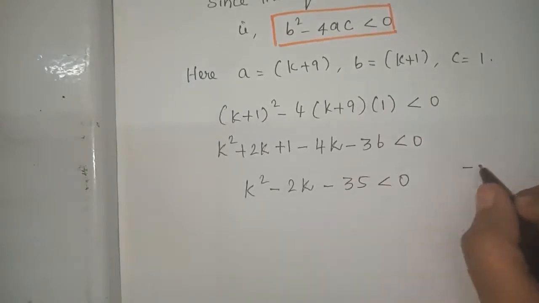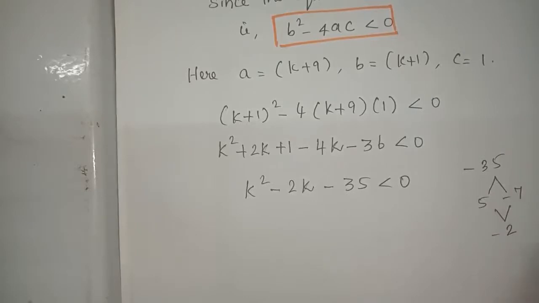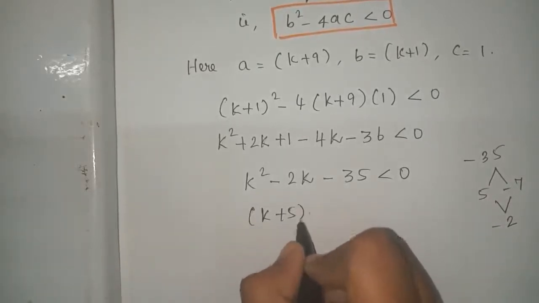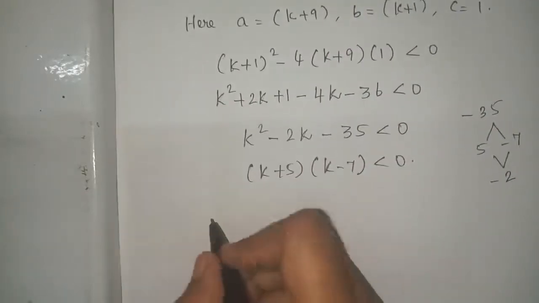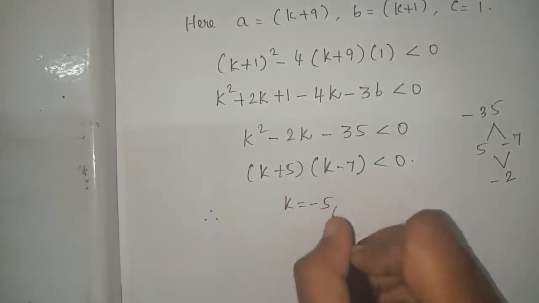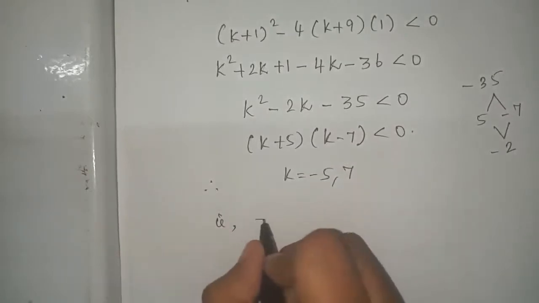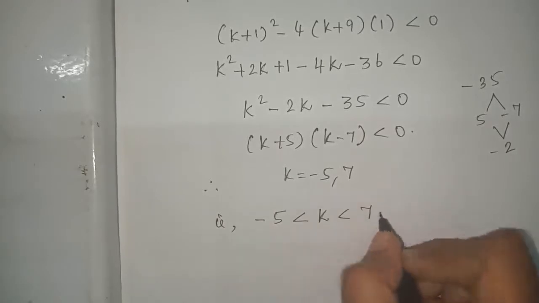Now the product of roots is −35 and the sum of roots is −2. So 5 sevens are 35, and plus 5 minus 7 gives you minus 2. So the factors are (k + 5)(k − 7) < 0. Therefore, k lies between −5 and 7, that is, −5 < k < 7.